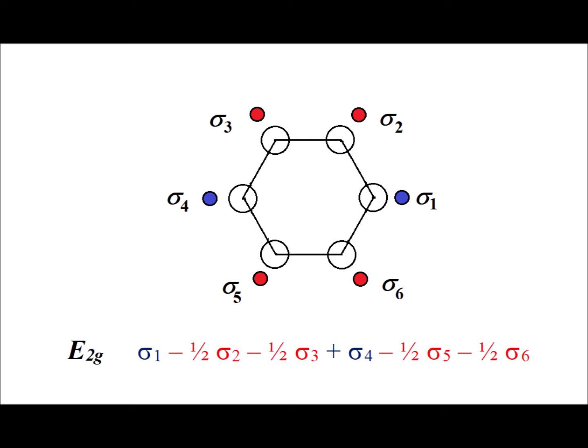And here is the second of the doubly degenerate E2G combinations, but just involving hydrogen atoms, not involving the carbon at all. Recall, this is a consequence of the fact that for molecular bonding to take place, the orbitals have to be close in energy, which is something we can't quite figure out from group theory directly.